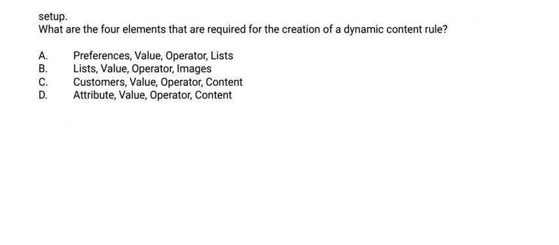Options are Option A, preferences, value, operator, lists. Option B, lists, value, operator, images. Option C, customers, value, operator, content. And option D, attribute, value, operator, content. The correct option is option D.